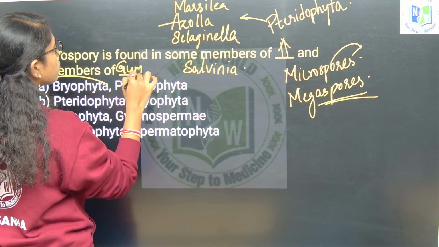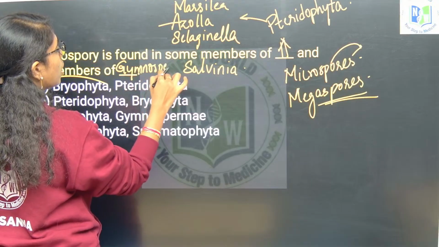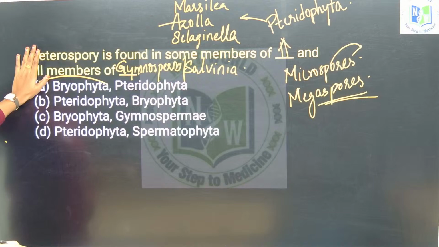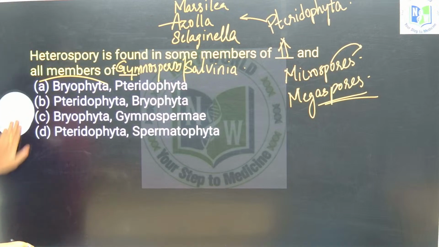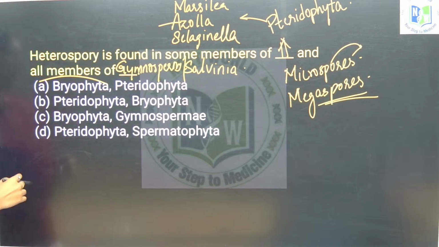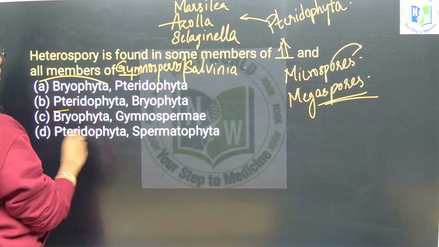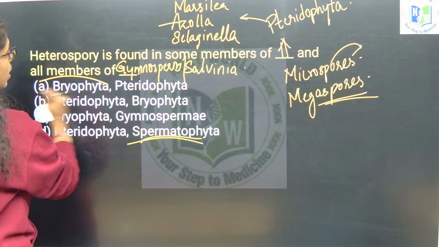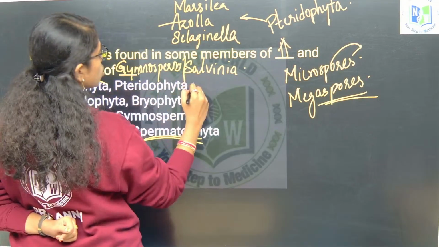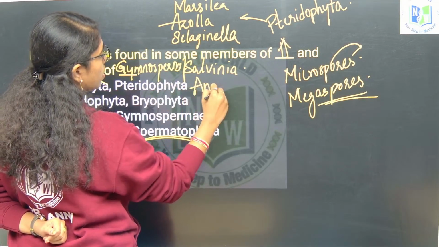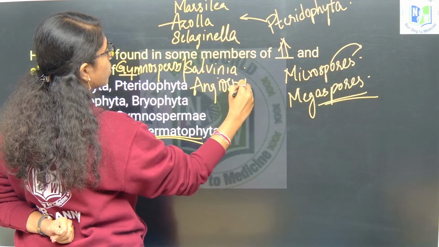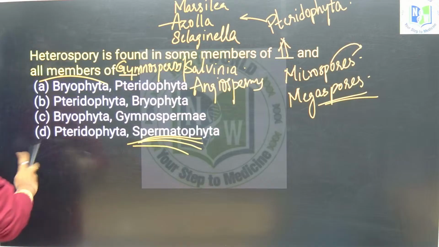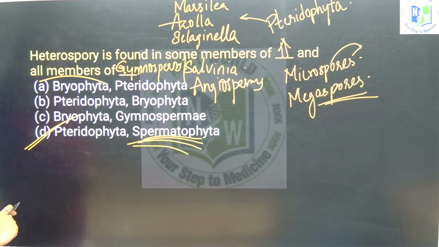All the members of gymnosperms are heterosporous only. So here look at the option correctly. Heterospory is found in some members of pteridophyta and all the members of spermatophyta, gymnosperms and angiosperms. Spermatophyta includes both gymnosperm and angiosperm. So here option D is the right answer.